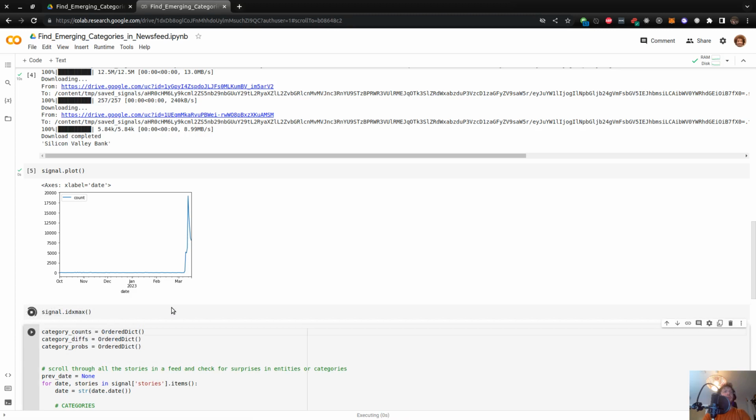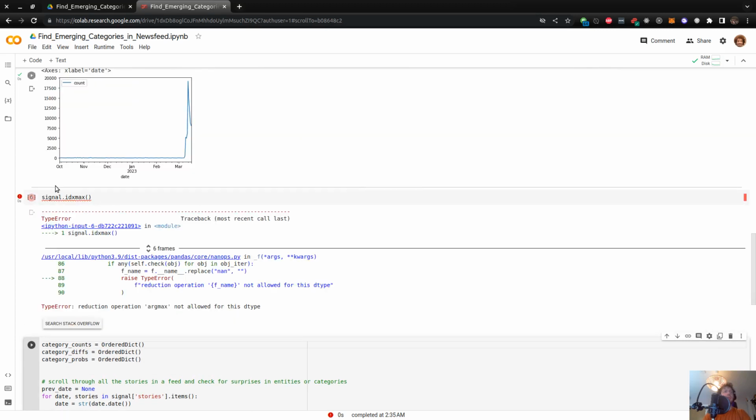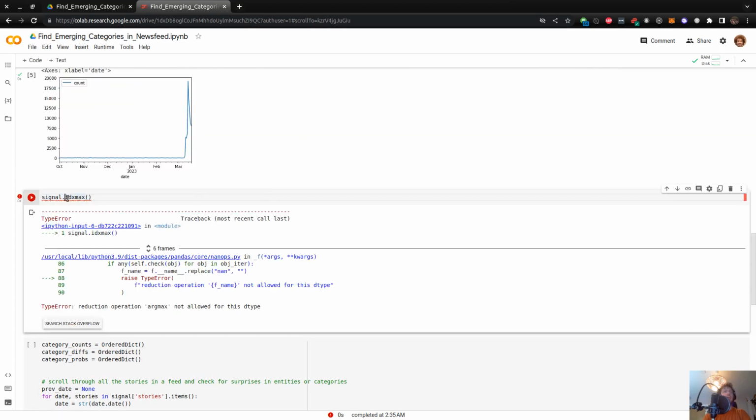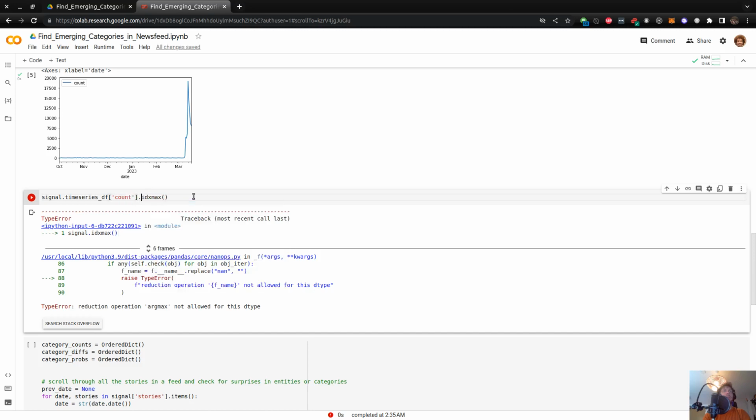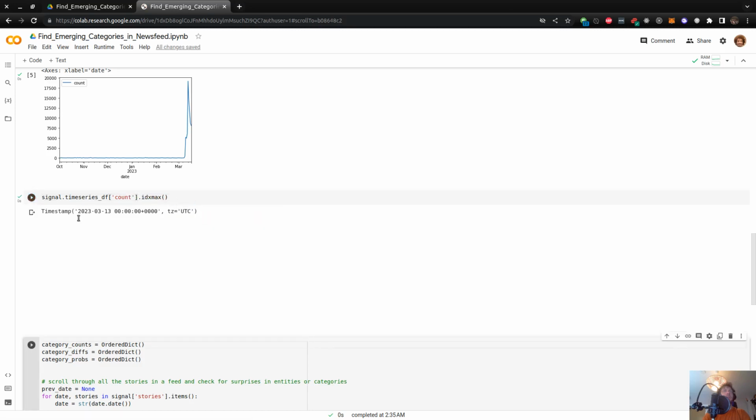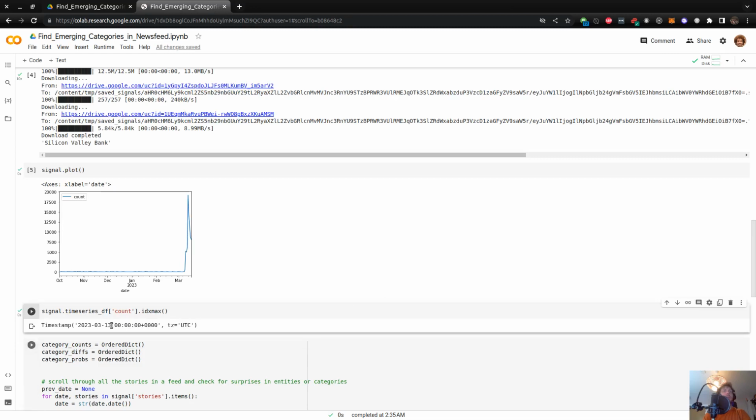what day did it actually spike on. Yeah, so it spiked on the 13th of March.